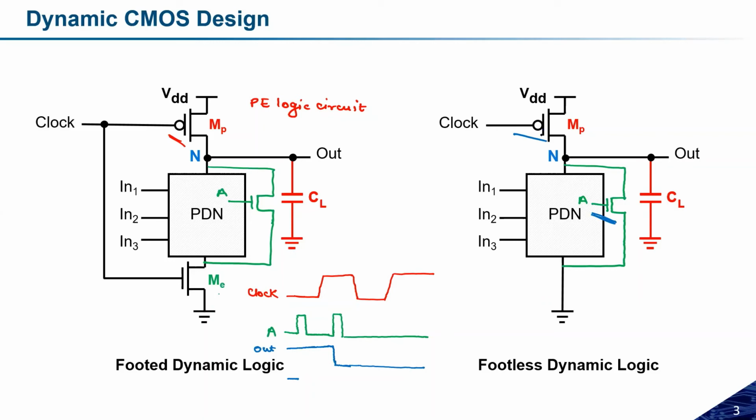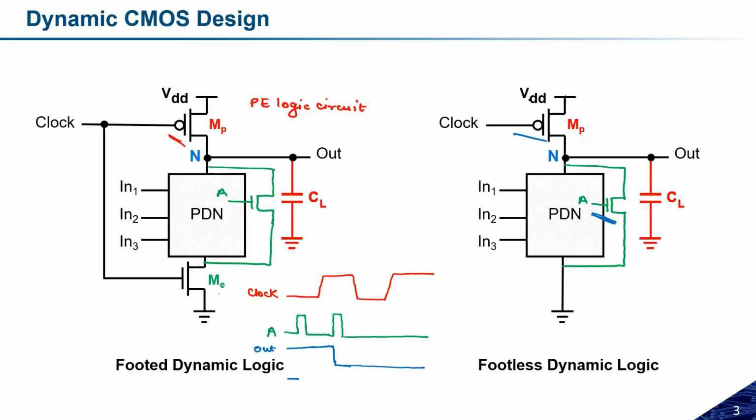So this complete structure will act as a voltage divider circuit, because both the transistors are on, and there will be a direct path between VDD and the ground. If there is a direct path between VDD and ground, the power dissipation will be more.